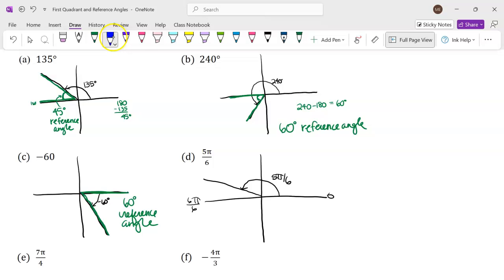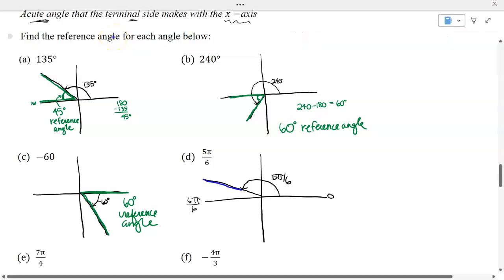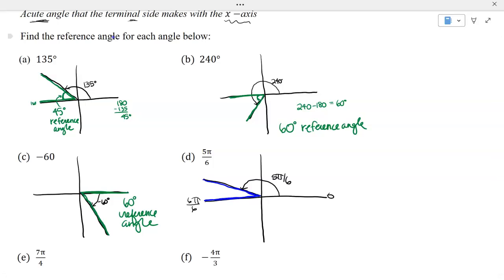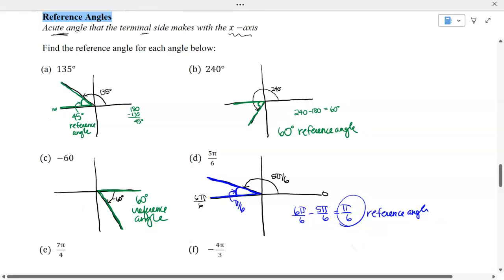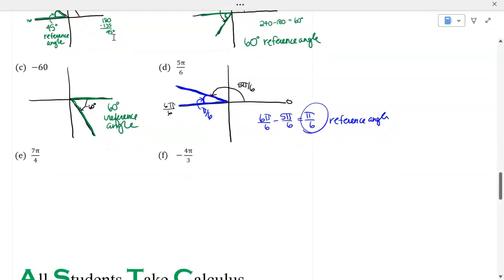So here, my reference angle, I'm going to highlight in blue, and it's comprised of the terminal side and the x-axis. This is my reference angle. And so to find that reference angle, I can just do 6 pi over 6 minus 5 pi over 6, which just gives me a pi over 6 reference angle. So this angle right here is going to be pi over 6. And that is an angle that we see in the first quadrant.